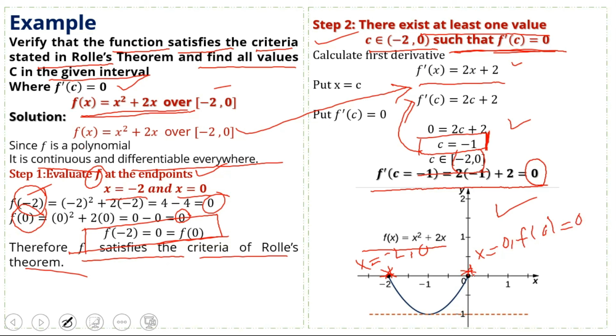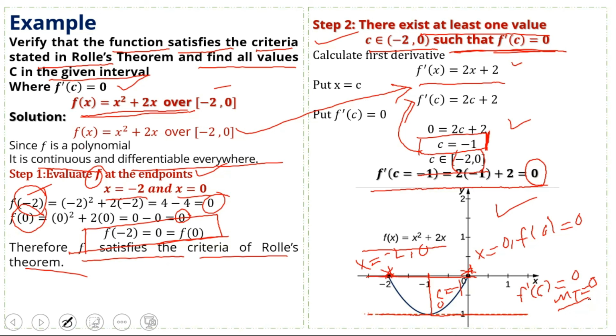So this is our second point, and here we have c equal to -1, and at this point the value of the derivative of this function is 0. Again, this is a tangent line that is parallel to the x-axis: the first derivative being 0 means the slope of the tangent line is 0, which means it is parallel to the x-axis.